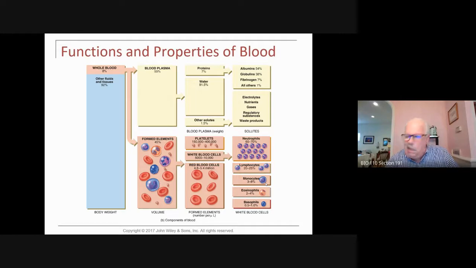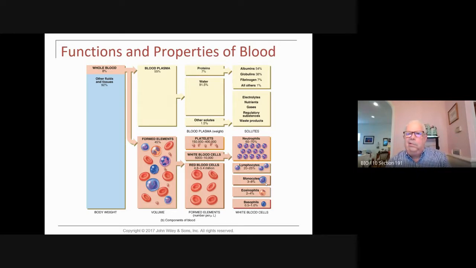You saw that in the centrifuge tube. Blood plasma is basically water, 91.5% water. In that blood plasma, there are also proteins. And those proteins are albumin, globulin, and fibrinogen. Those are the 3 most important of the plasma proteins.